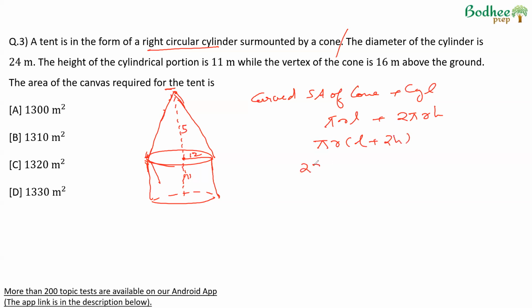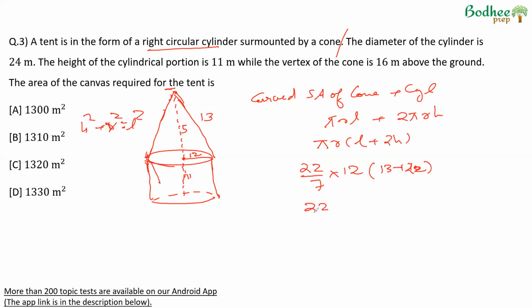So 22 by 7, radius is 12, L. Since this is 5, this is 12, this will be 13, right angle triangle. Or height, h square plus r square is equal to L square for a cone. So slant height is 13 plus 2h is 10. Height 10. H is this 11, sorry, 22.